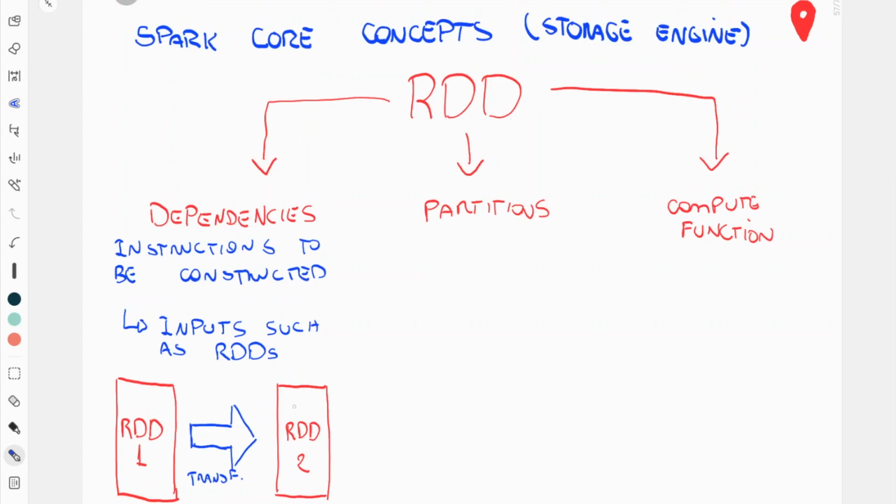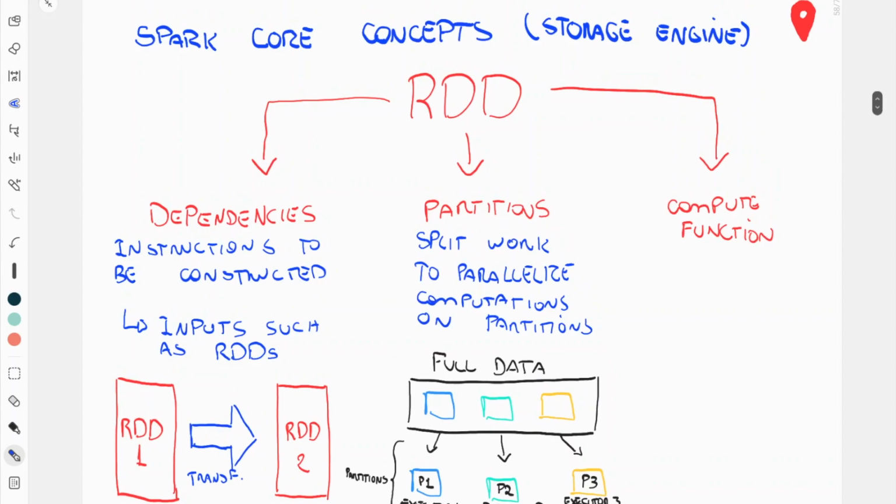For instance, if I have an RDD that is made with another RDD, I have this instruction. You have first this RDD1 as base, and you have this transformation. So that's the dependency that we're talking about. The RDD is constructed based on instructions.